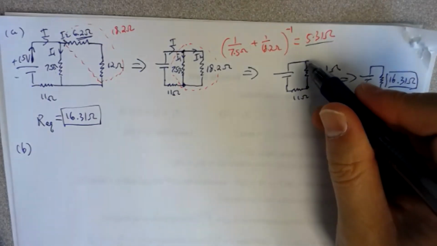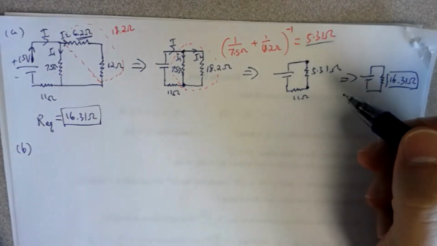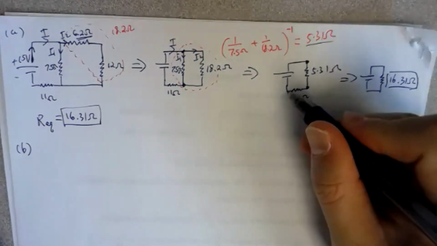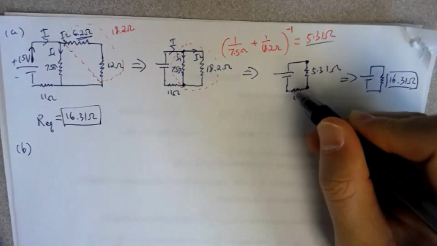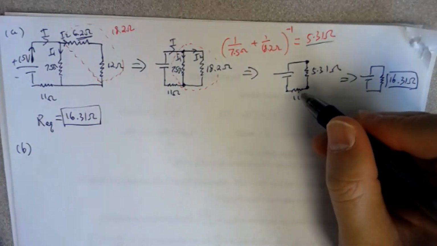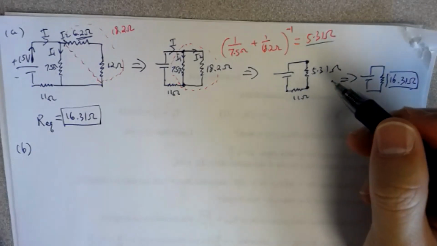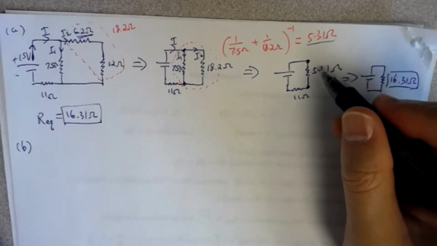To find the voltage across this, you'll need to find either the voltage across this one, or the current through the whole thing. Then you can do current times this resistance to get the voltage.